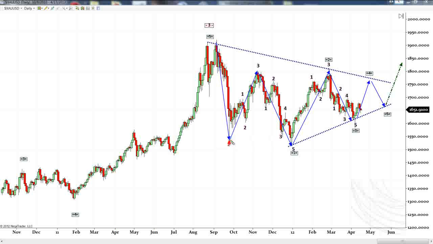What is meant by that is if you have a 3 count, 1, 2, 3, your next count should be a 5 count, 1, 2, 3, 4, and then 5. Same way, 3 count, 1, 2, 3, and then your 5 count, 1, 2, 3, 4, 5. That would mean that this leg up right here is going to be composed, if it follows Elliott wave tenets and rules, a 3 count.